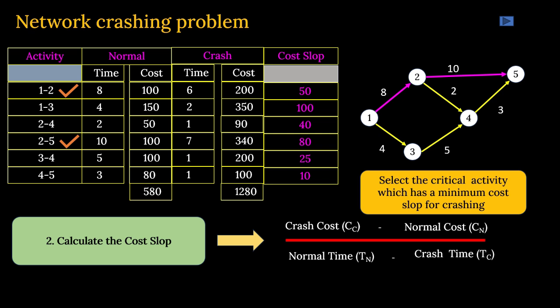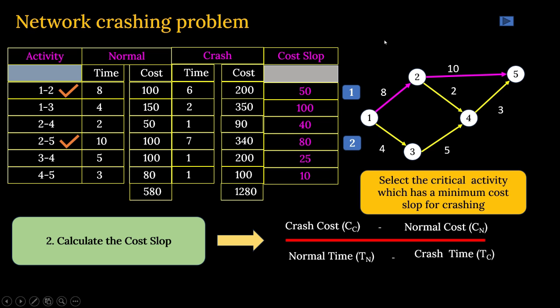You got my point? Activity 1 to 2 is critical and has a cost of 50 rupees. And 2 to 5 is also critical, the cost here is 80 rupees. So obviously 50 rupees is lower. It is number 1 and then number 2.